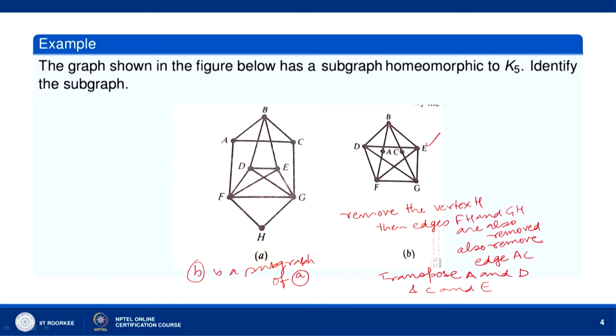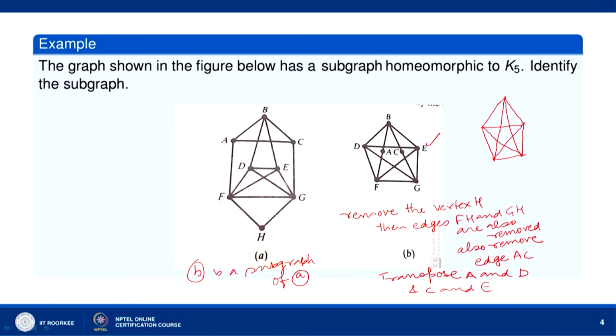in K5 we have this graph. K5 is this graph. Okay, this K5.